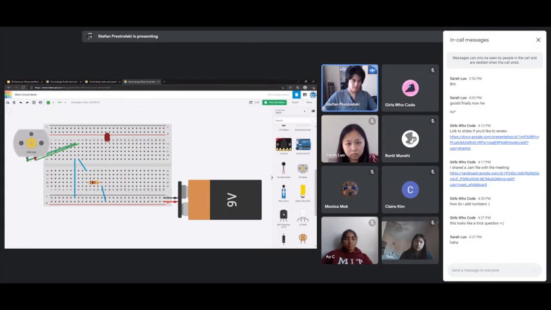Spinning at around 10,000 RPM. It's spinning at around 1,000 RPM with this resistor. And if I short circuit this thing, we get 17 times that.